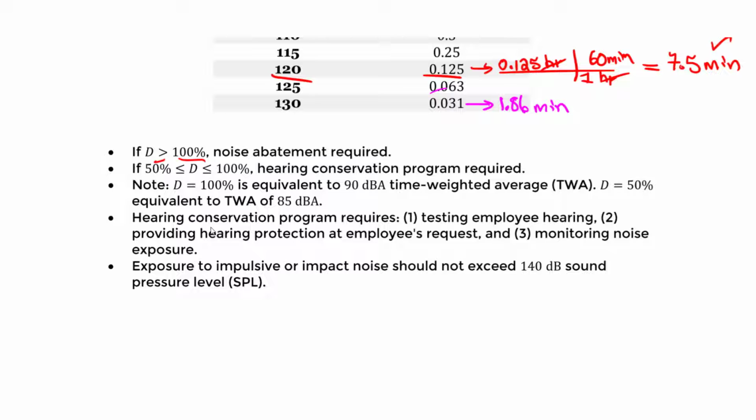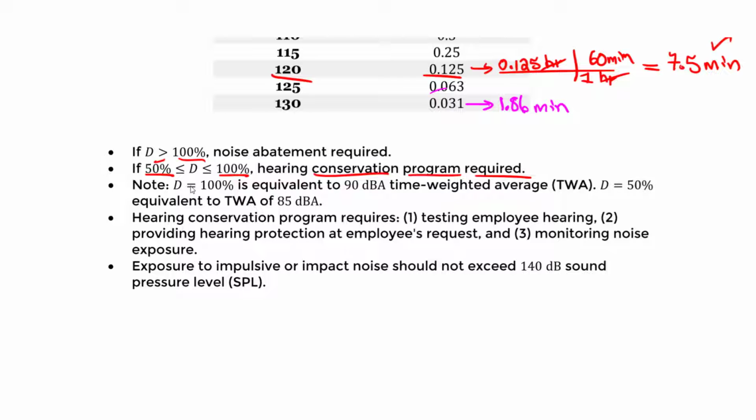Noise abatement means you have to absolutely reduce that noise. You either shut down the equipment or do something that eliminates that noise to make it below 100%. But if we calculate the dose to be 50% to 100%, a conservation noise reducing program is required. But if it's above 100, you have to absolutely reduce that noise, to make that D value go down below 100.